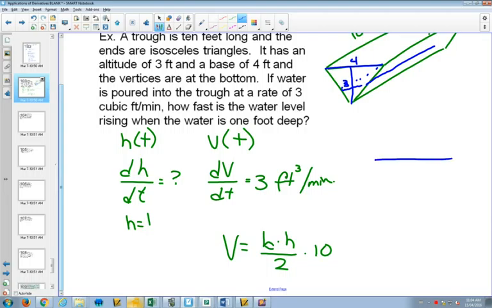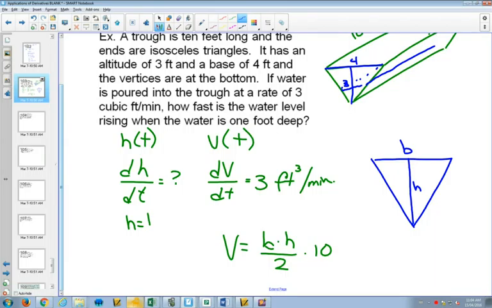I'm going to draw just the triangle with the base and the height listed there. Because in order to take our derivative, in order to find dh/dt, right now you see in our formula we have 3 variables.